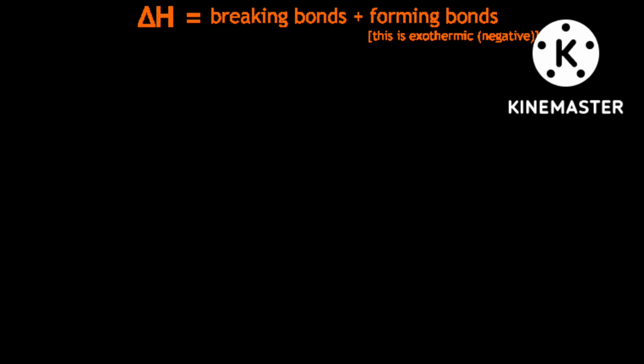When you are heating, you are breaking the bond, and then new bonds will form and the product will be formed. Here delta H means heat of reaction, delta RH.